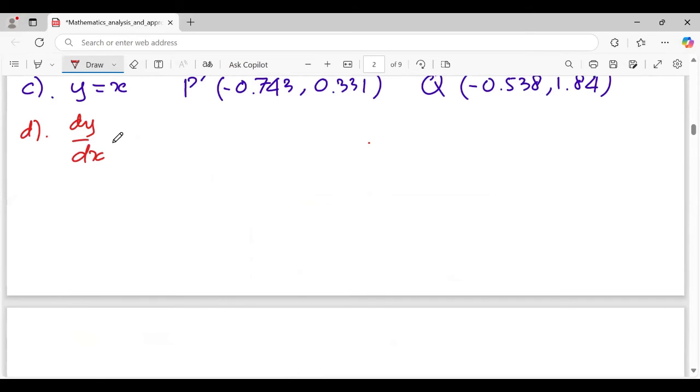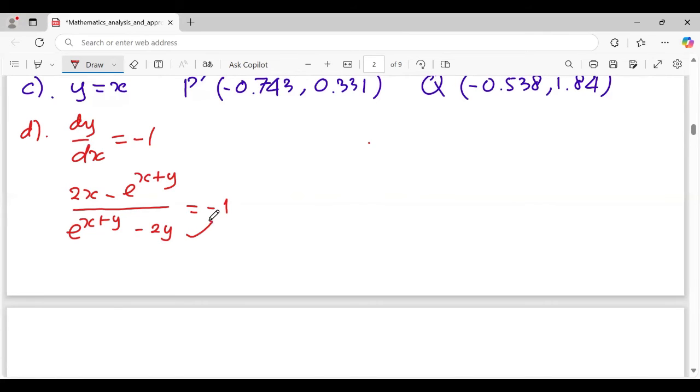As you know, dy/dx is (2x minus e power x plus y) over (e power x plus y minus 2y) equals -1.